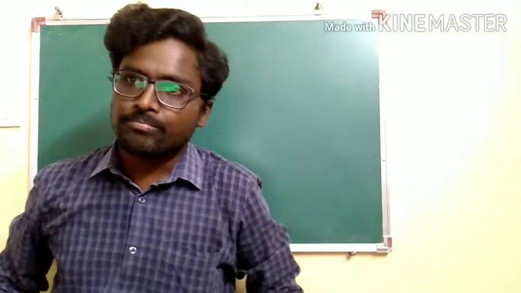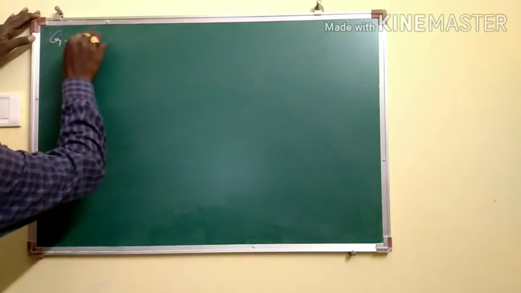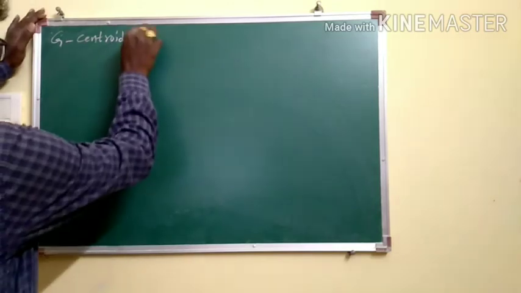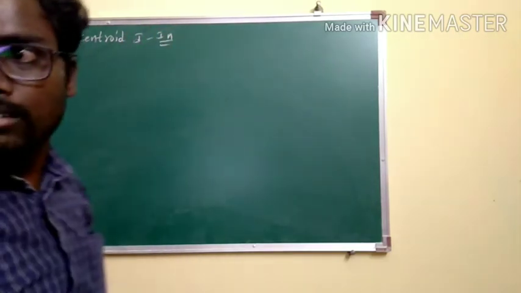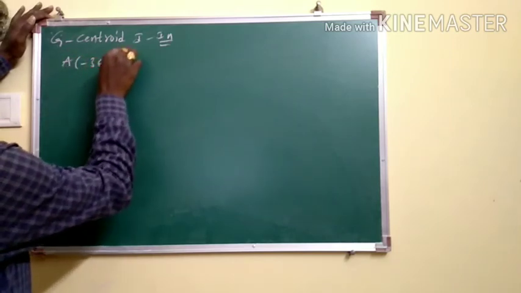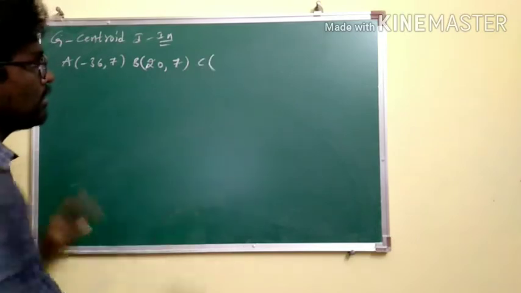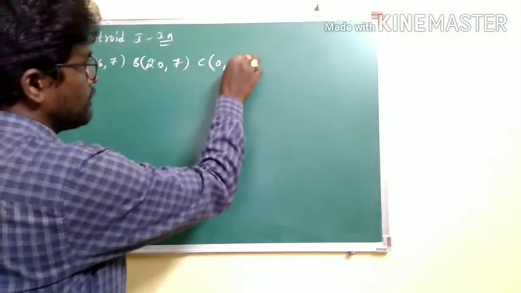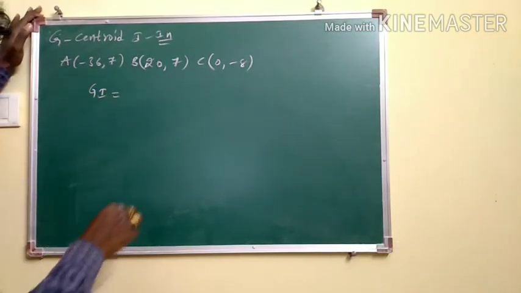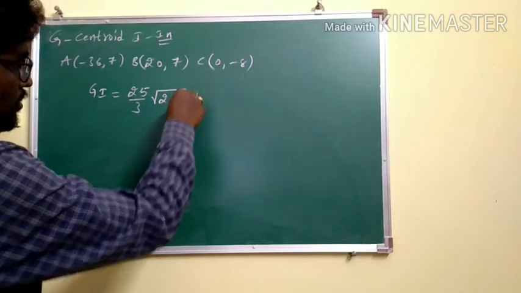Okay, let's go with the next problem. If G be the centroid and I be the incenter of the triangle with the vertices A(minus 36, 7), B(20, 7), and C(0, minus 8), and GI is equal to 25 by 3 square root of 205 into lambda.